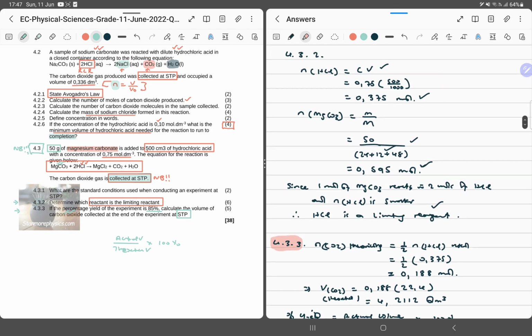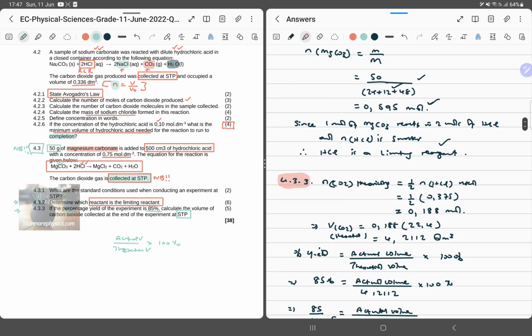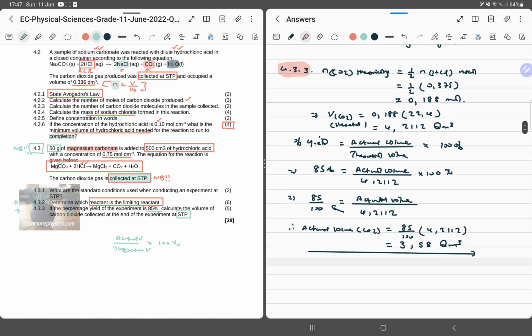Here we got ourselves into a lot of trouble, I suppose, but not too much. Basically all we needed was the number of moles in theory, and essentially we needed the theoretical volume as a result, using our molar gas volume constant.